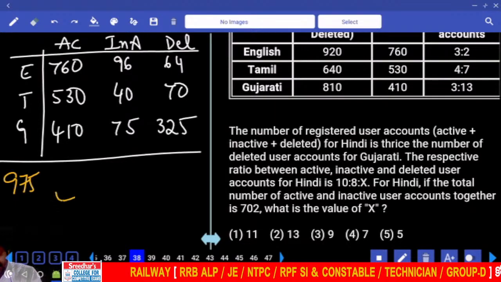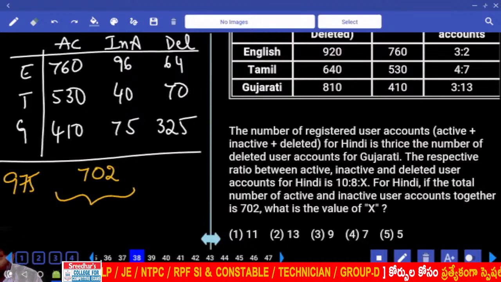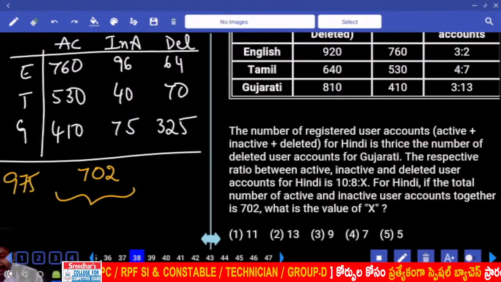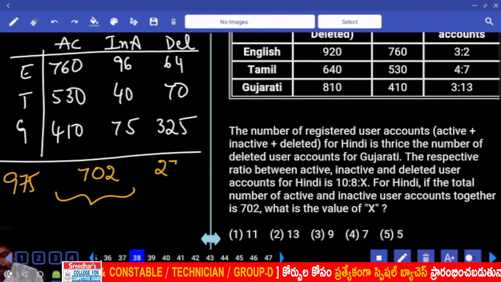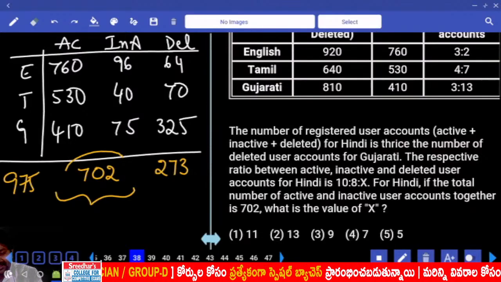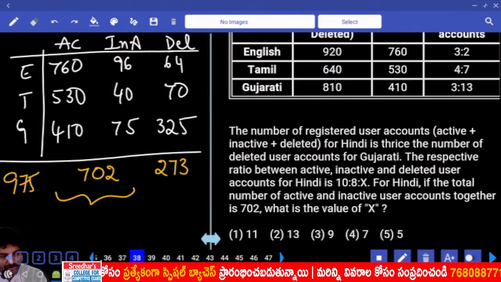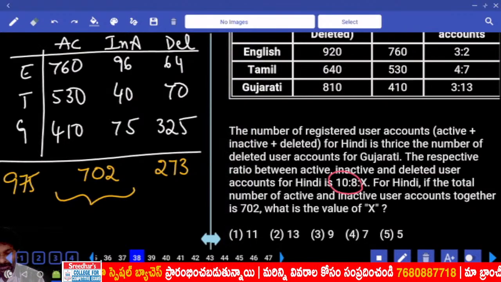Okay. See, active and inactive both together it is 702, correct? Look at the table and tell me remaining is going to be 273 only. And now 702 is a combination of active and inactive. Both together how many parts do we have?